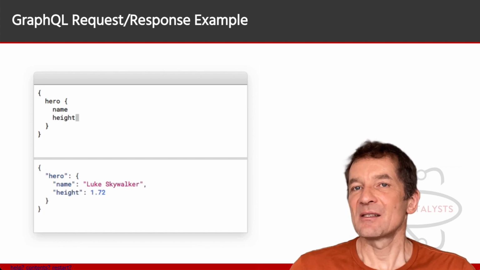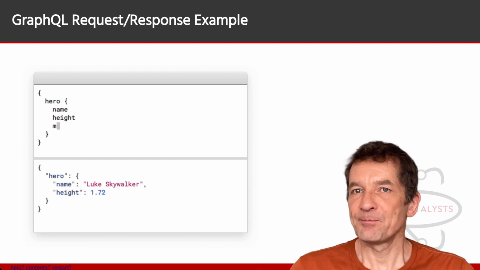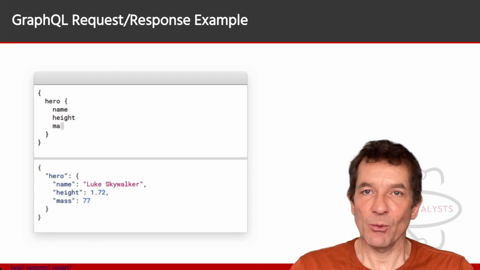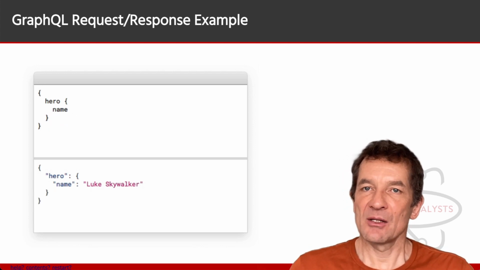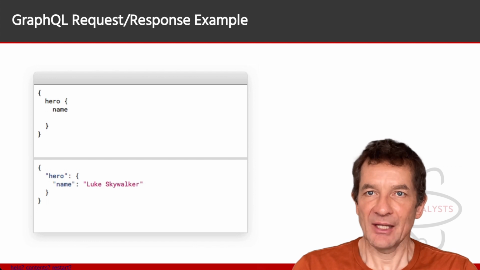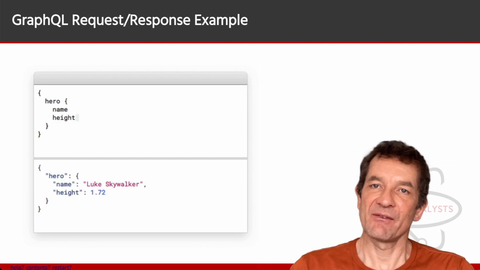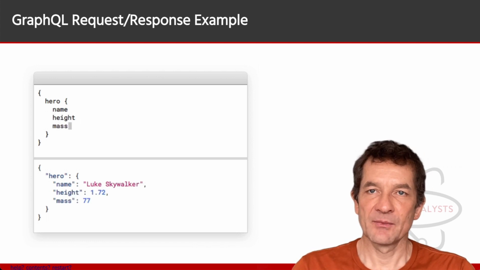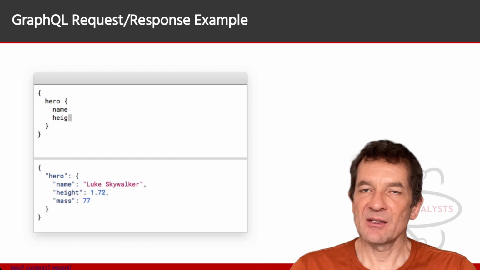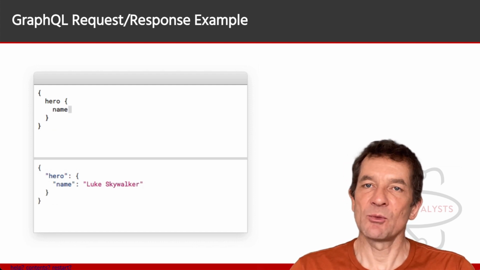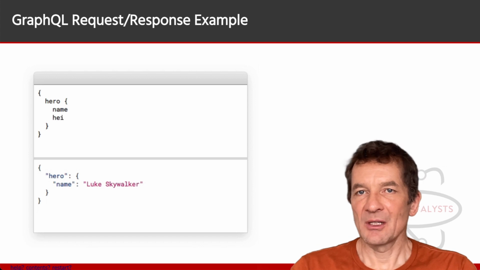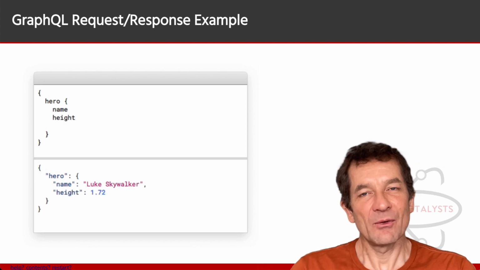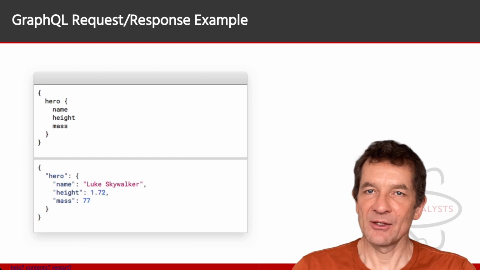So what you can see is that you can type your request in a JSON-inspired way, and then your response will actually be JSON that is returned to you that contains the fields that you are asking for. In reality, the requests and the responses often look quite a bit more complex, but this is good enough to give you an idea of what GraphQL can do.